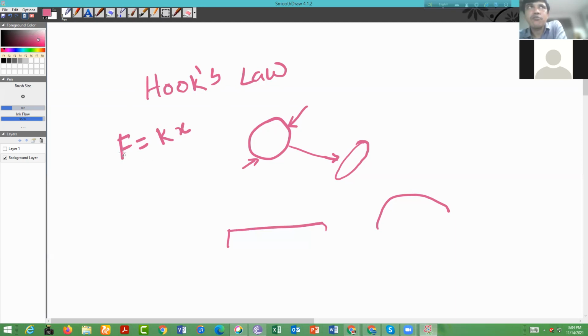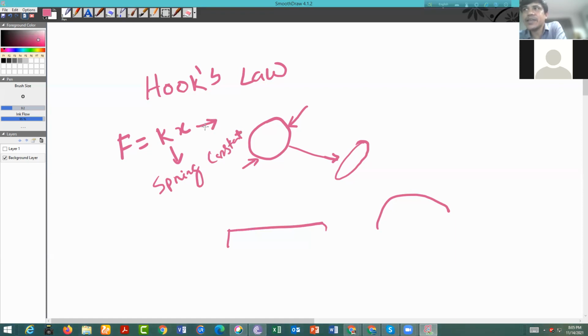Here F is force, K is the spring constant. That means how strong the spring is. If it is longer and stronger, the constant will be more. If it is thinner, the constant will be less. So this is called the spring constant. And this is the extension, how much it increased.